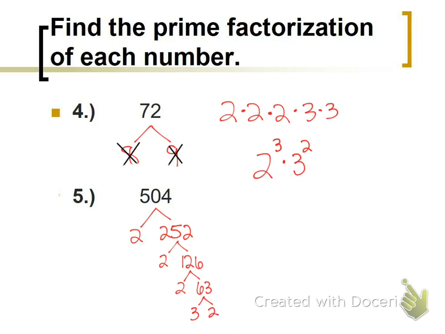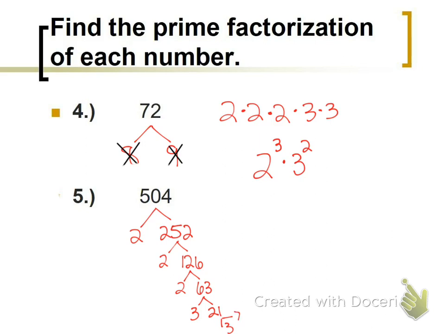How many times does 3 go into 3? 1 time, so 21 times. 21 is not prime, so we can break down the 21 into 7 and 3, or 3 and 7.